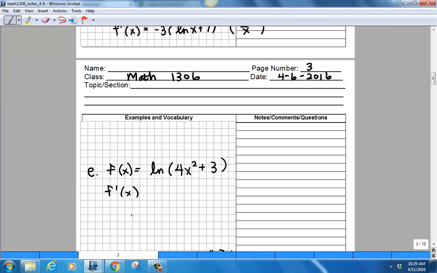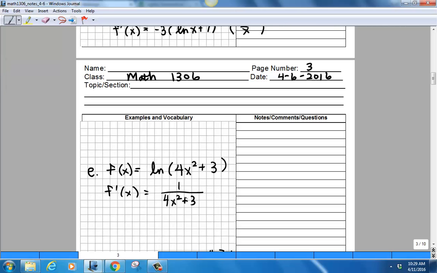Whenever you see natural log, to find the rate of change, what's the basic idea? 1 over, right? So in this case, you're going to take 1 over all of that, 4x squared plus 3. So you take 1 over the whole thing.